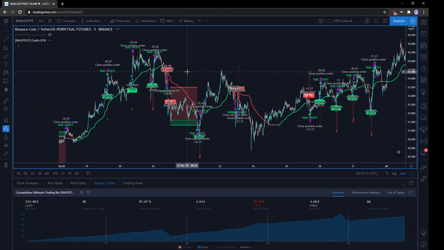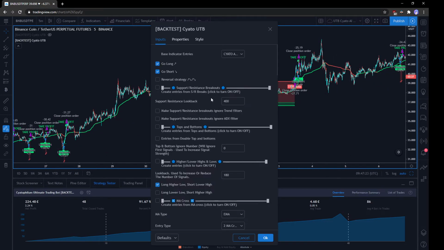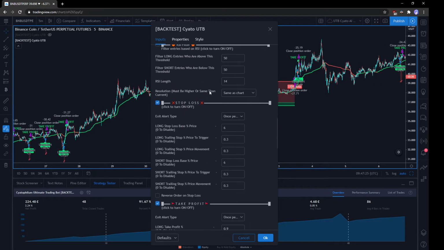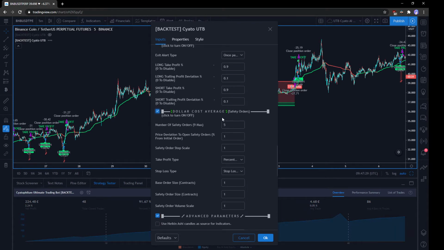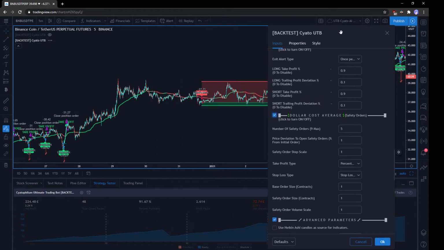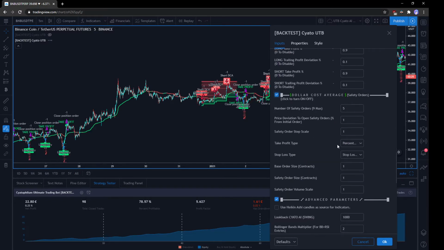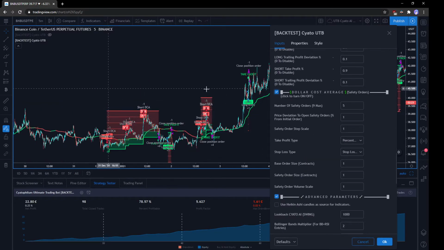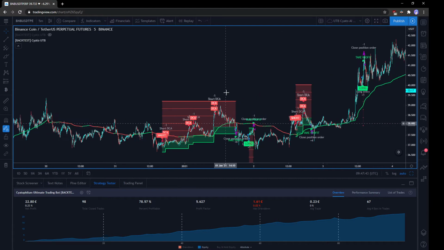We can try to just add a few safety orders here. So we click here. So we got our stop loss at 6%. We can use something like 5 safety orders. This is perfect.